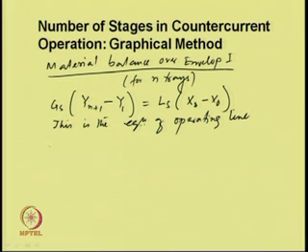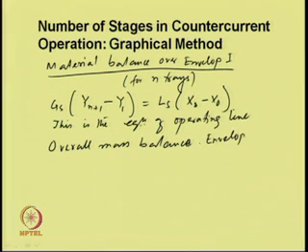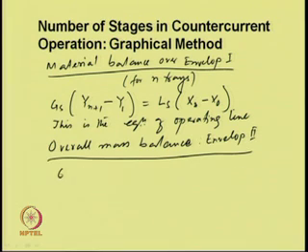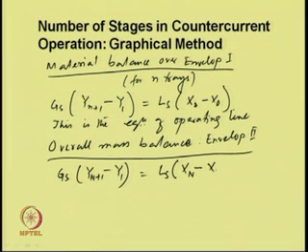Similarly, the overall mass balance for a particular component in envelope 2, we can write G s times y n plus 1 minus y 1 equal to L s times x n minus x naught.